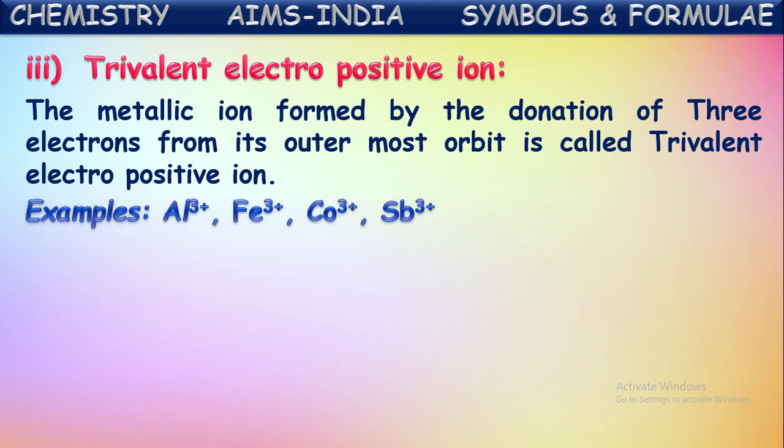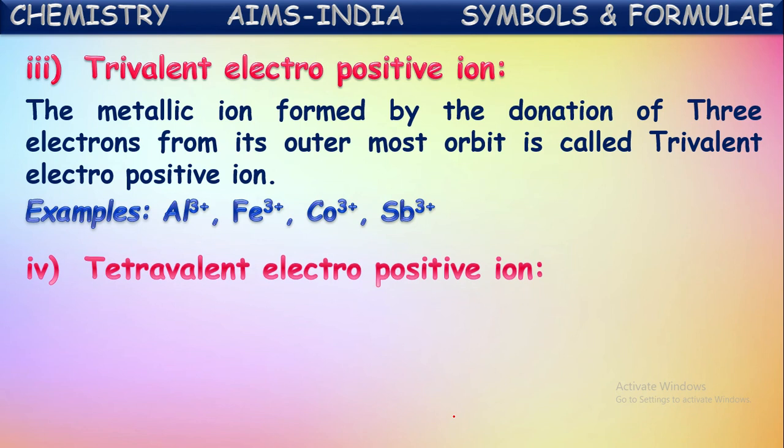For example, Al+3, that means aluminium ion, Fe+3, cobalt ion, strontium ion. These are the ions formed by the loss of 3 electrons from their outermost shells. Thus, they are acquiring 3 units of positive charge, and hence they are called trivalent electropositive ions.